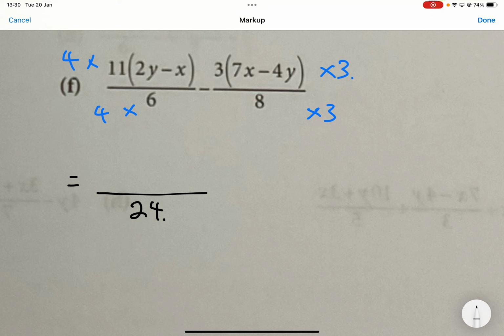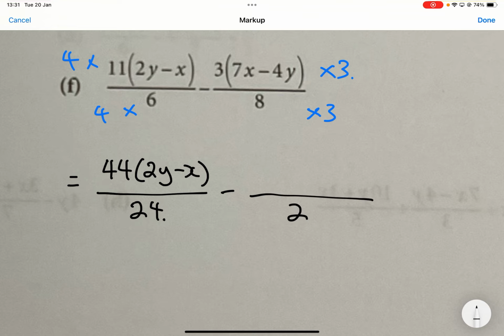Okay? If I have 4 multiplied to the numerator, 4 times 11 times the bracket. So I can do 4 times 11 first. 4 times 11 is 44. So I don't open my bracket. I just multiply the numbers outside first. Minus is still minus. 24. 3 multiply bracket.